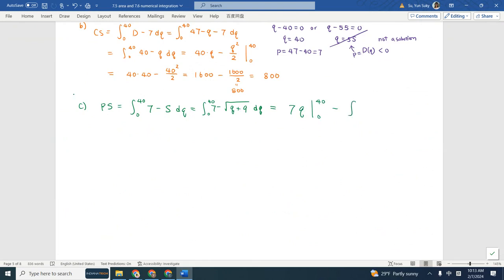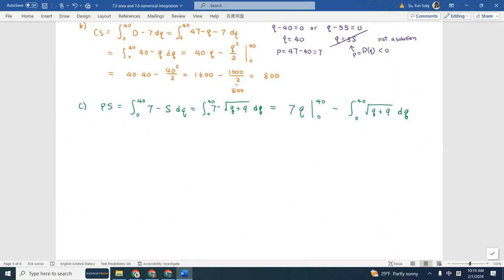The next parts, let's break them. So this is the integral of square root of Q plus 9 dQ. The 7Q, yeah, we can calculate that by putting in the 40. But this part, do you see this is not one of the 3 types we learned?